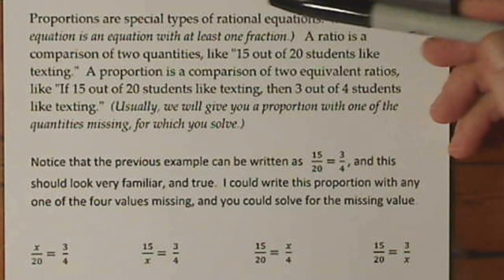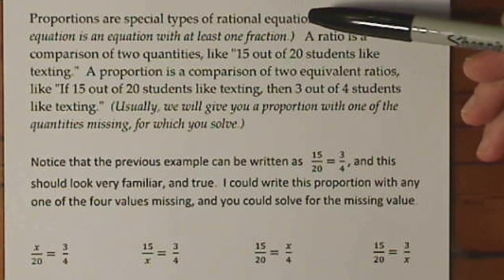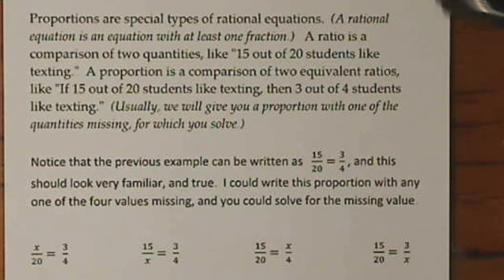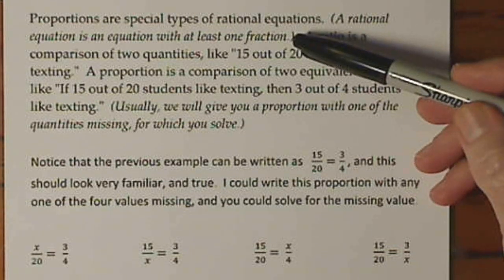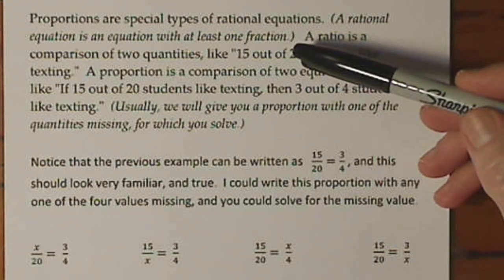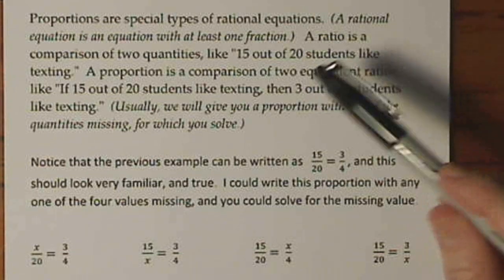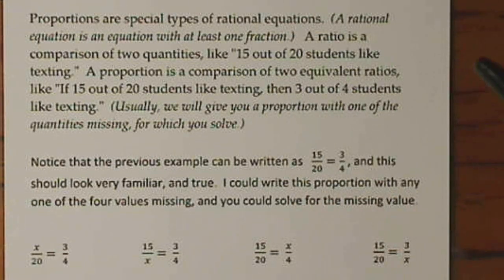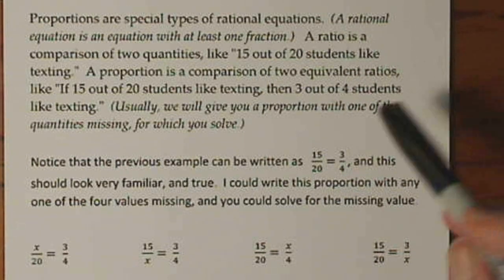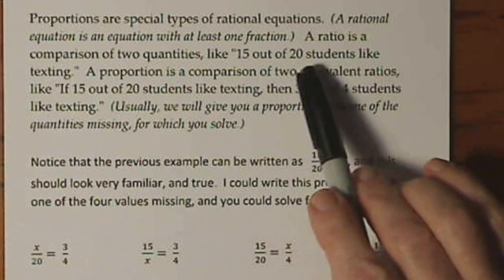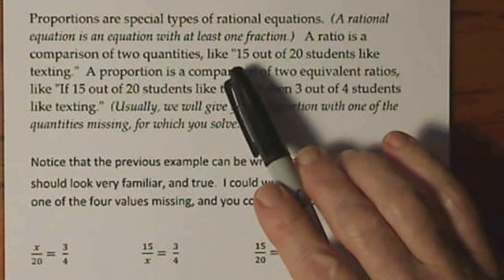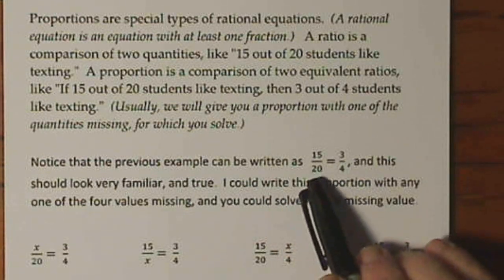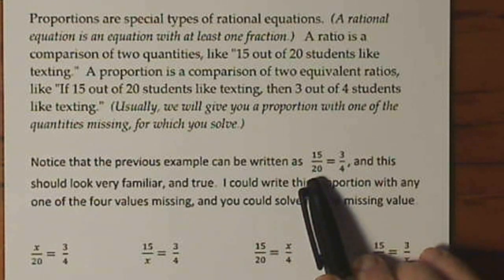First off, proportions are just a special type of rational equation. If you have a fraction in your equation, you have a rational equation. And anytime you compare two numbers, really, if you said 15 out of 20 students like texting, you just identified a ratio. 15 out of 20 can be written as the fraction 15 over 20.